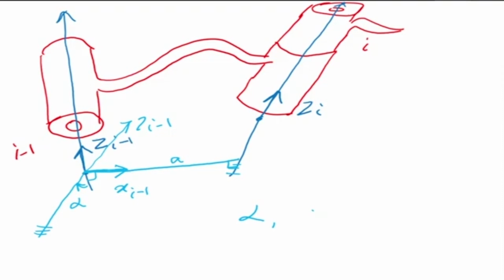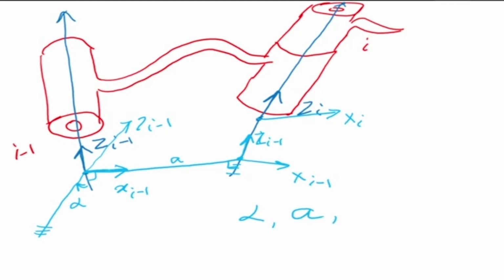Now the next transform that we do is I move the origin of frame i minus 1 by a distance a, and it comes here. So now this is my z_i minus 1, this is my x_i minus 1, and on the top we have z_i, and maybe this is my x_i. Now we have the second transform, which is a.